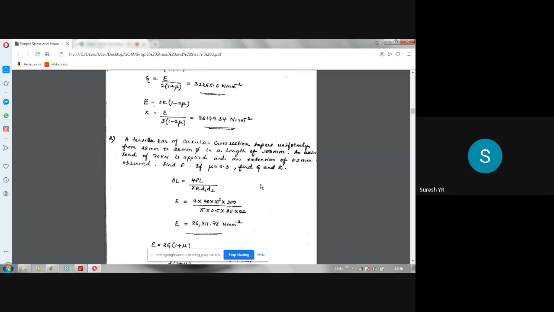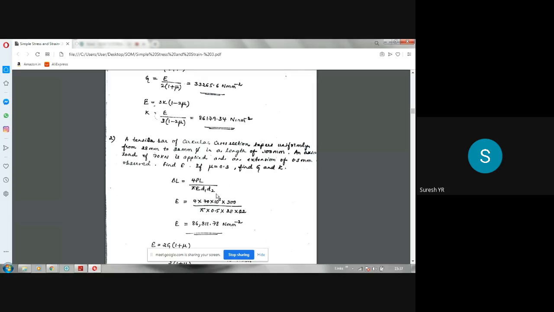I have not drawn the figure here, so you can refer to the earlier notes for the figure. It's a tapering circular section. D1 is the diameter at one end, D2 is the diameter at the other end. P value is 70 kilonewton or 70 into 10 power 3 Newton. He has also given the length of the bar, 300 mm. So L value is 300 mm. Then the extension of the bar observed is 0.5 mm. So 0.5 mm is the delta L value.